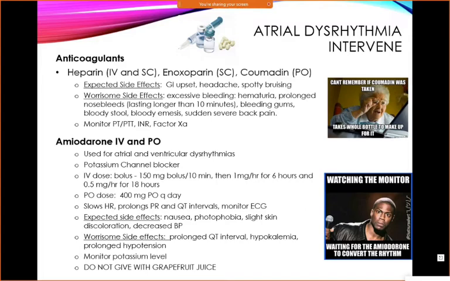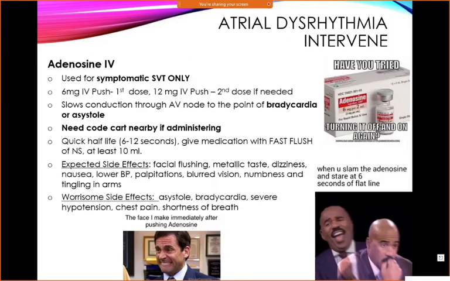So on our next slide, I kind of go through here. Adenosine, if you ever get to see adenosine being used, it's only for SVT. So any heart rate greater than 150, we can try adenosine. What adenosine's going to do is it chemically stops your heart. Okay?